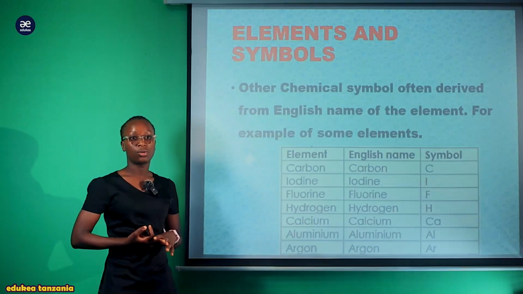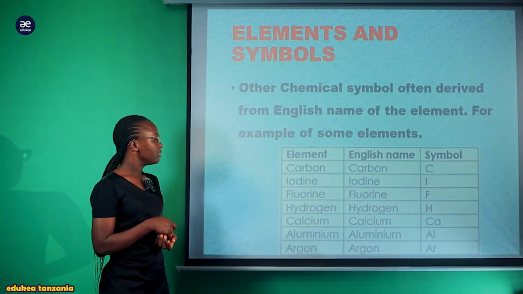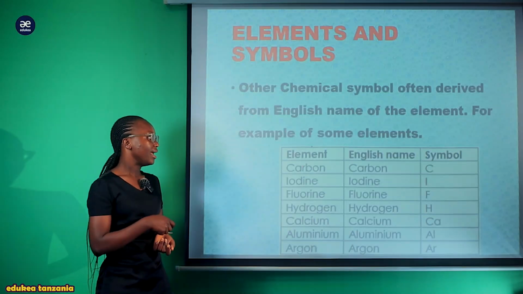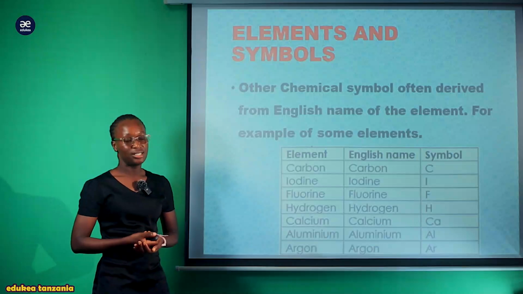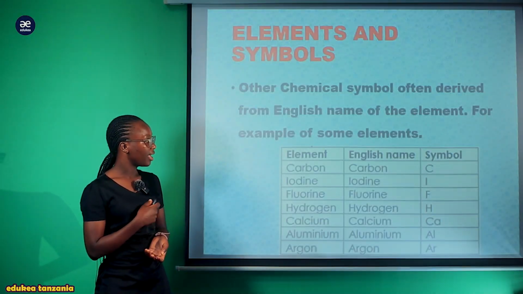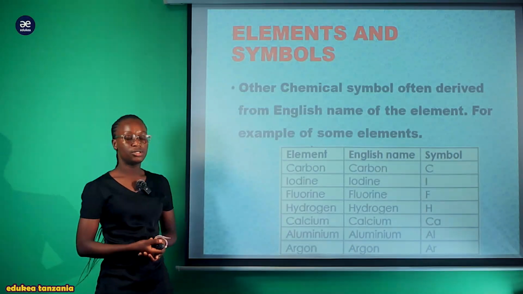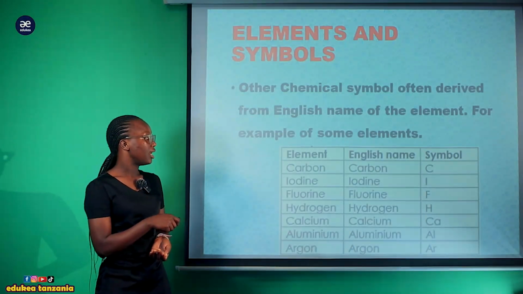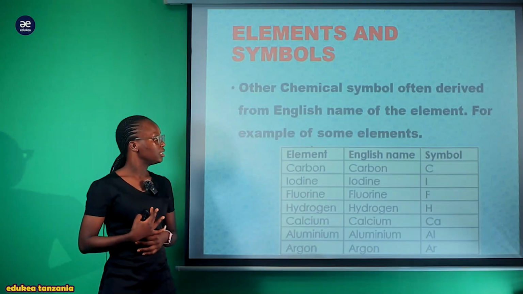For instance, we have our element which is carbon, and the English name is carbon actually. So we are going to have C. Iodine, we are going to have I. The same applies to all elements. So they are considering the English name to generate those chemical symbols.